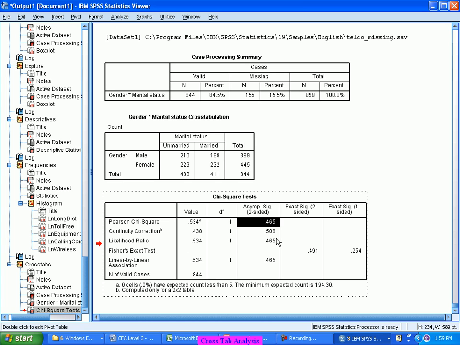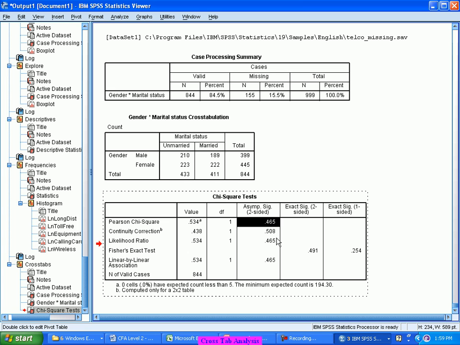Any statistical test which we will do from now onwards, if you can master this significance level, conclusions are immediately taken. What we have to say is, if the significance level is greater than 0.05, 5%.